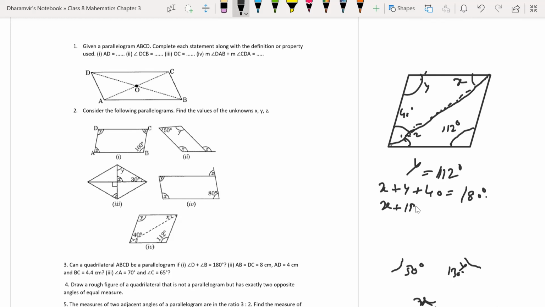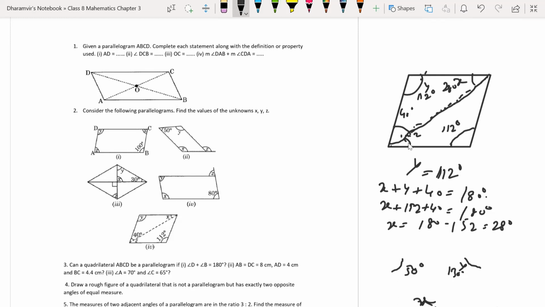Y's value is 112 and the third angle of the triangle is 40 degrees. X is equal to 180 minus (112 plus 40), which is 152, so it is 28 degrees. It means X is 28 degrees, Y becomes 112 degrees.